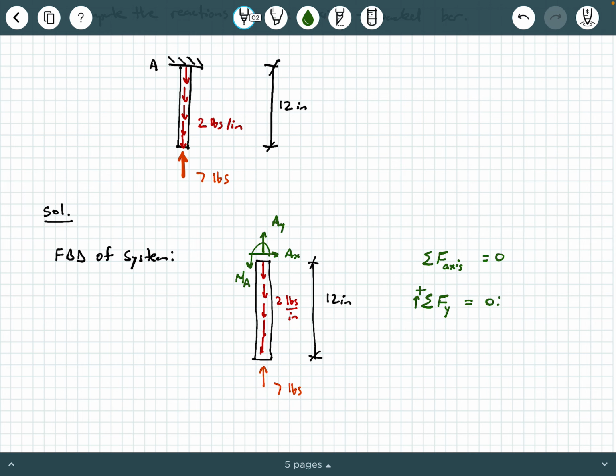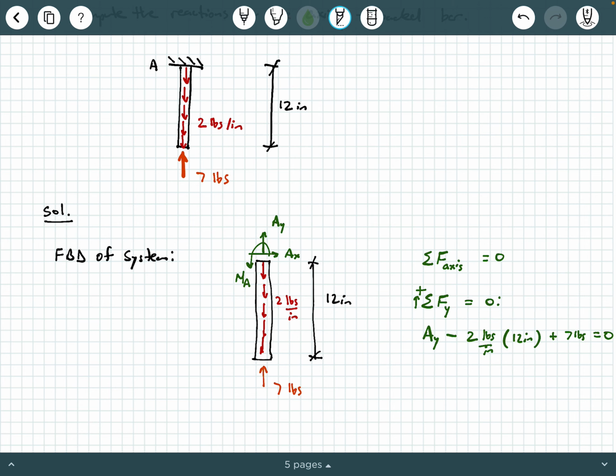Okay? And so if we just look at forces in the y direction, what do we have? Looking at this free body diagram, we have AY, and then we have minus 2 pounds per inch times 12 inches plus 7 pounds equals 0. Now, how did I come up with all of that? Well, again, we're looking at forces in the y direction.